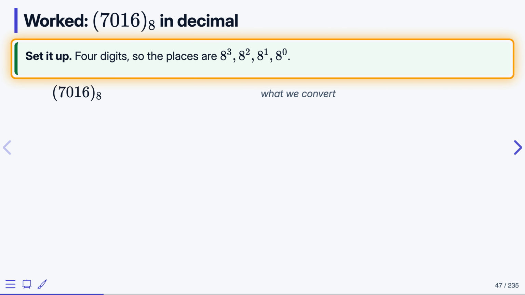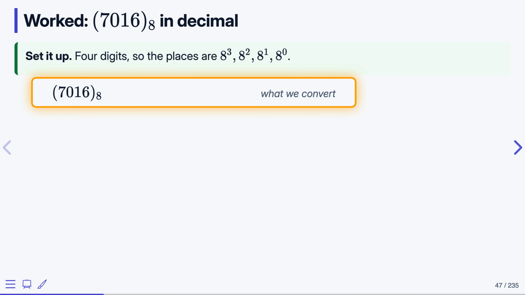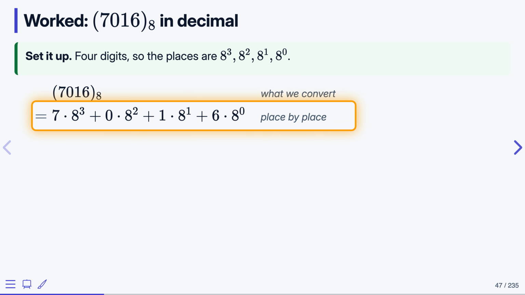Set it up. There are 4 digits, so the places are 8 cubed, 8 squared, 8, and 1. Line 0. Our number is 7016 in octal. Step 1. Write it place by place. 7 times 8 cubed plus 0 times 8 squared plus 1 times 8 plus 6 times 1.